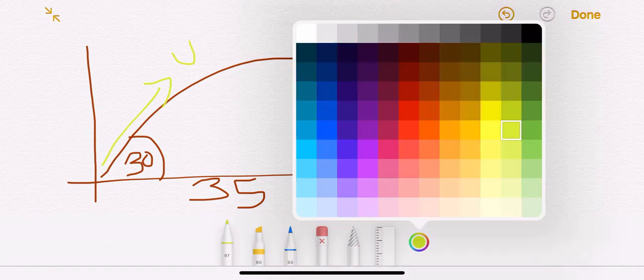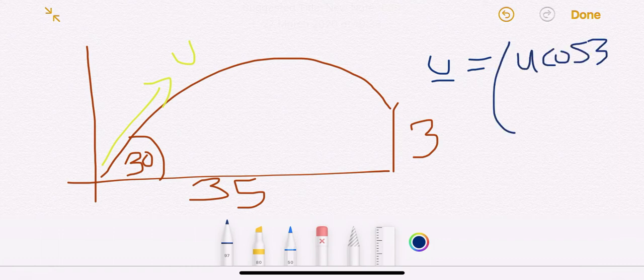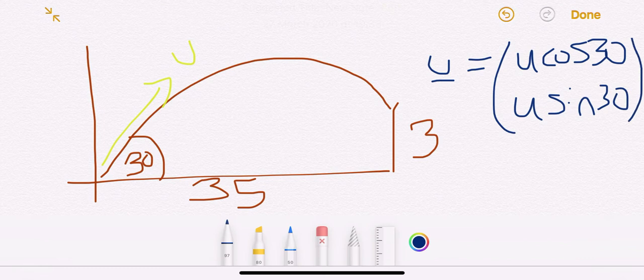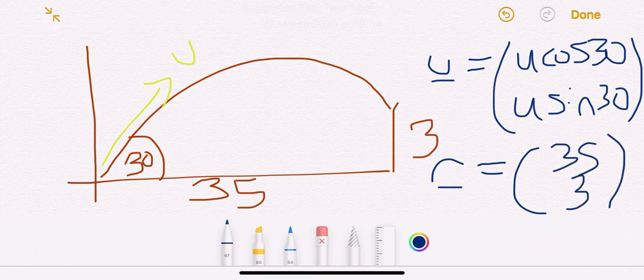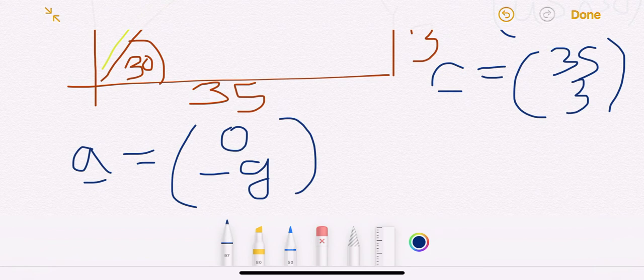Let's proceed how we would normally proceed. As a vector, the initial velocity is the scalar u times cos 30, and then the scalar u times sine 30. We also know the displacement is 35 and 3, and we know that the acceleration is acting only under gravity, so it is 0 and minus g.